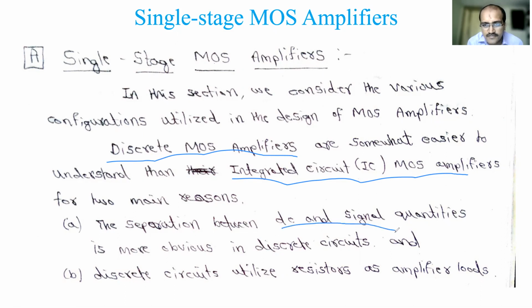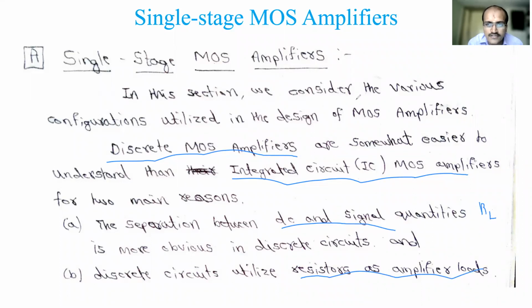DC means biasing, signal means small signal operation, right? So the signal quantity is more obvious, which means we have to go for the separation in the discrete circuit case. The second is that discrete circuits utilize resistors as amplifier loads, like a load resistor RL at the load side.